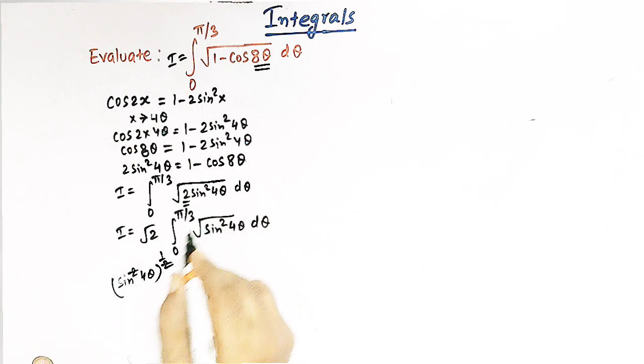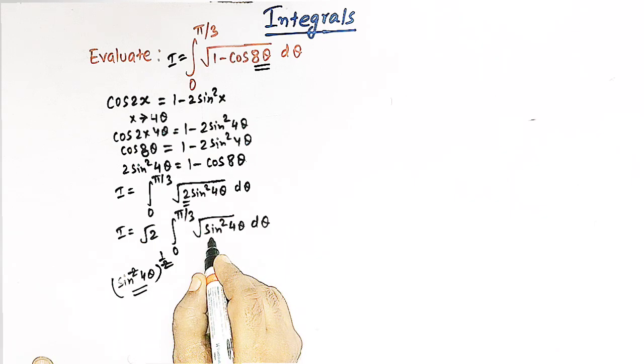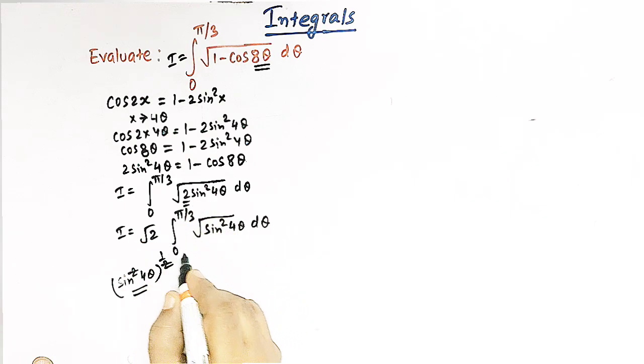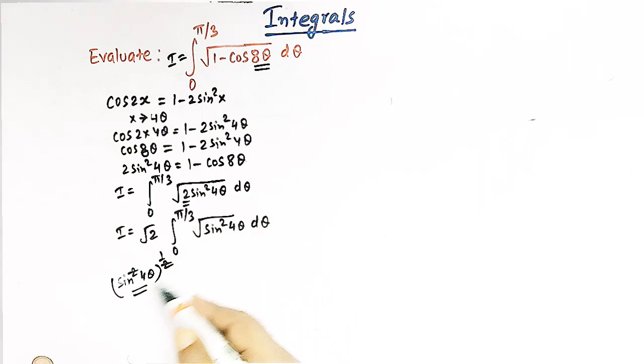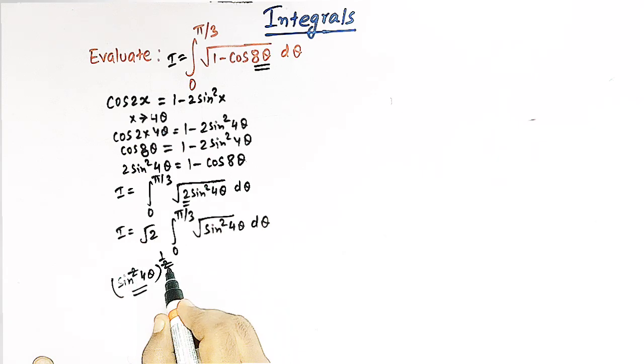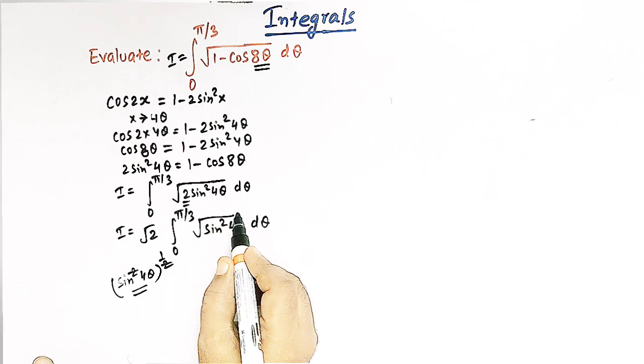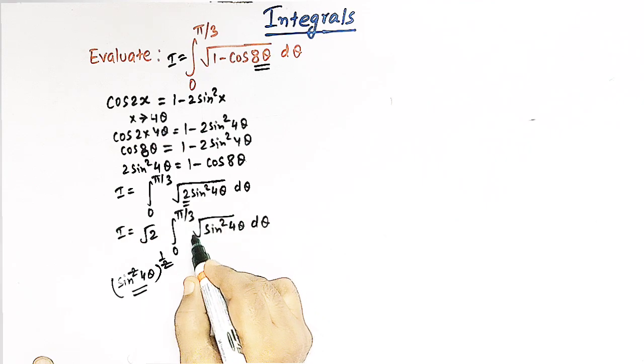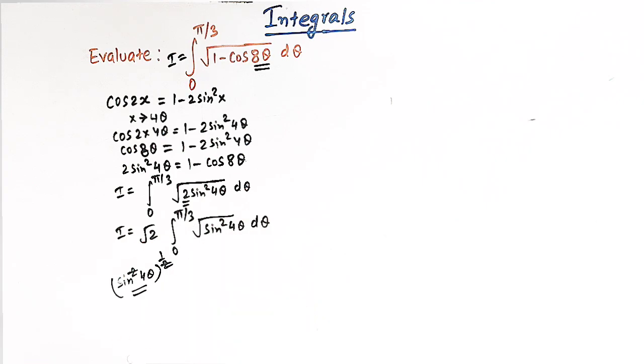We cannot do this over here, because this is a definite integral, and moreover the sign of the sine function varies in different quadrants. So we cannot cancel out this 2 with this 2. What we will do here is make use of the definition or the concept of mod function.